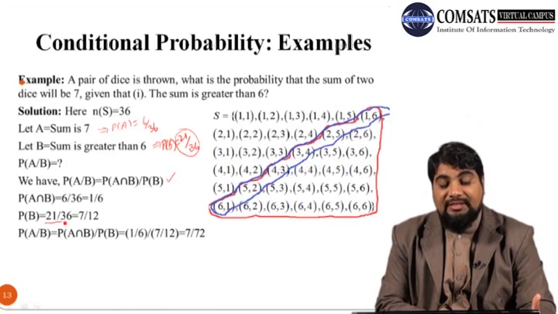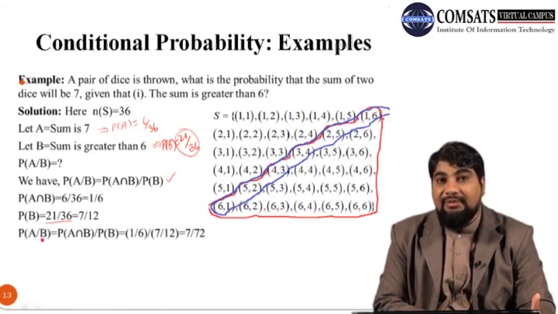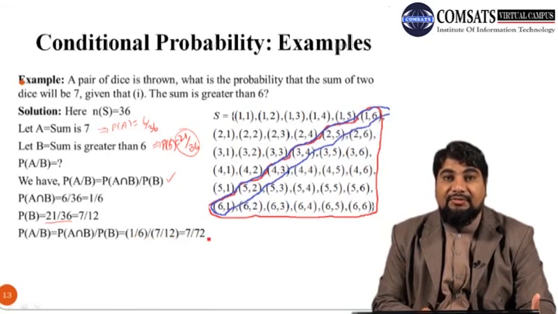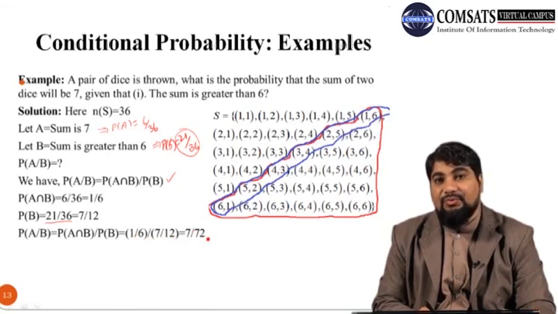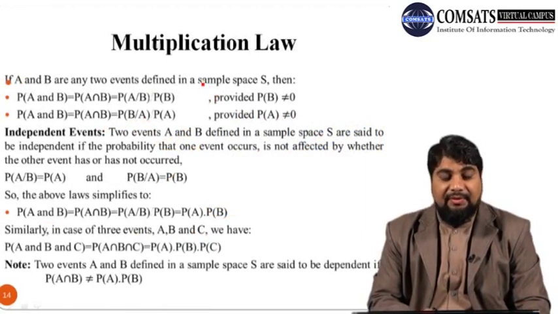If we cancel by 3, 3 7s are 21, and 3 12s are 36, so it is 7 over 12. So P of A given B is 1 by 6 divided by 7 by 12. That is 1 into 12 over 6 into 7, which is 2 over 7.